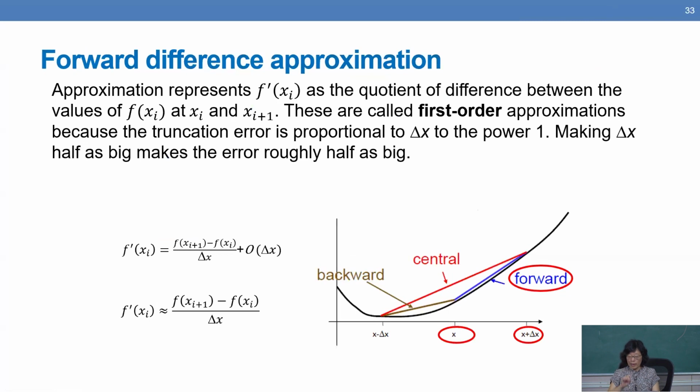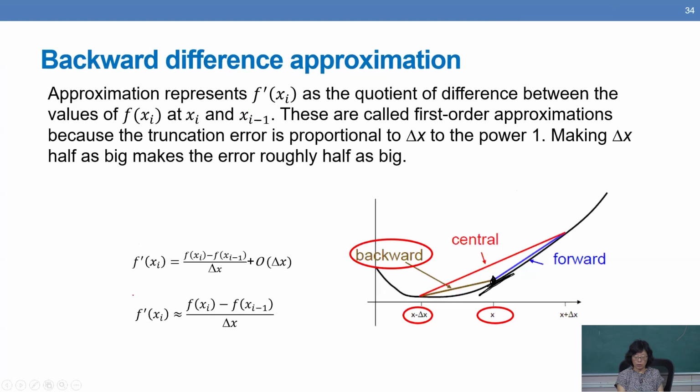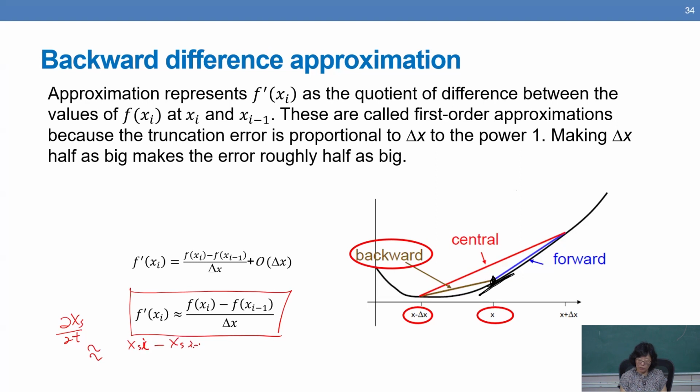So when we are looking at that, first is the forward difference approximation. For the value at this point, you use a forward point. So that's what we have over here. For our case, for example, we have this one. You are able to get this approximation by using x_i minus x_(i-1) divided by delta t.